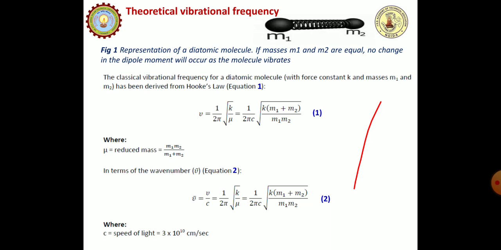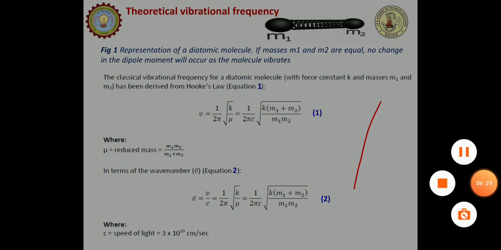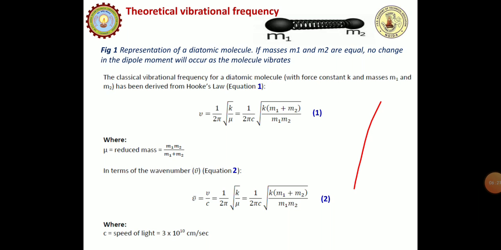We already know c is the speed of light, 3 into 10 to the power of 10 centimeters per second. This equation is used to calculate the vibrational frequency of the diatomic molecule.